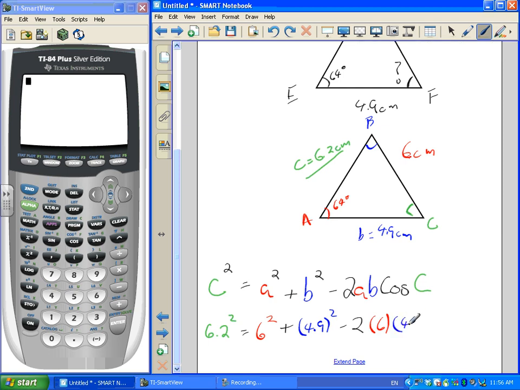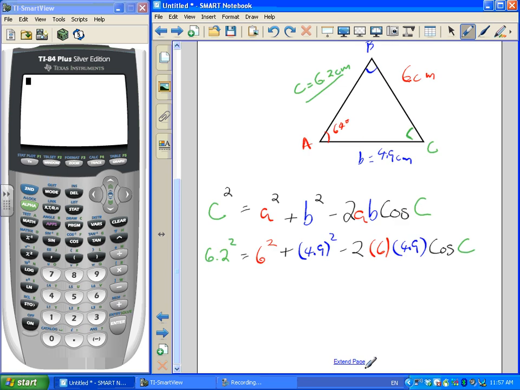B is 4.9 centimeters. And cos of C, we do not know what angle C is, so that is what we're trying to solve for. So anytime we set up cosine law, there should only be one variable. If you have 2 different variables, you don't have enough information to solve this, okay?